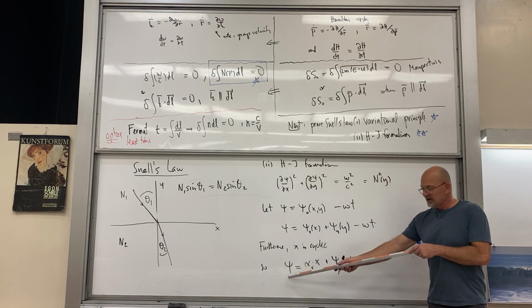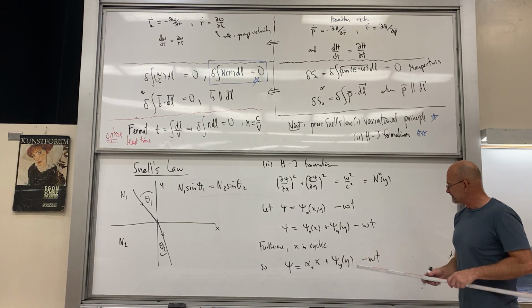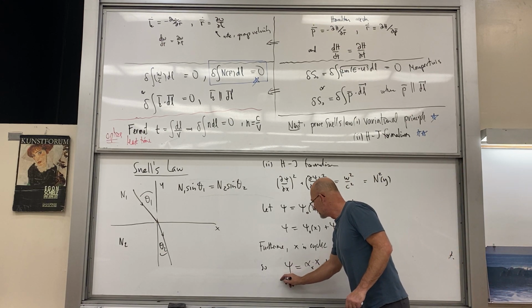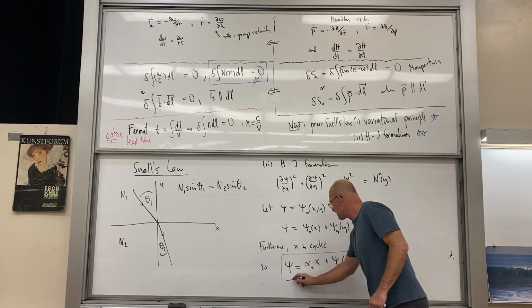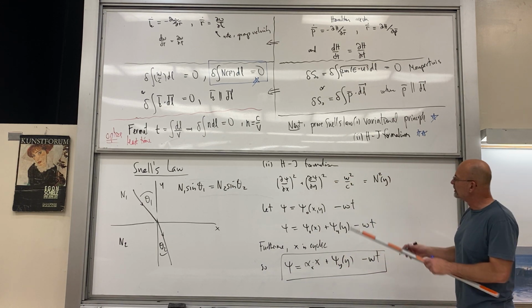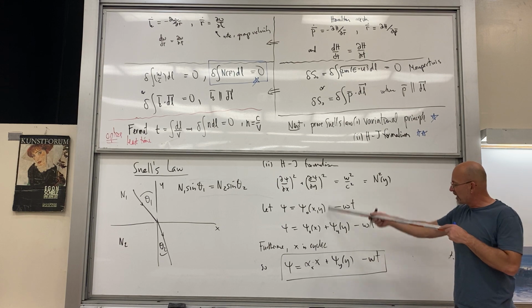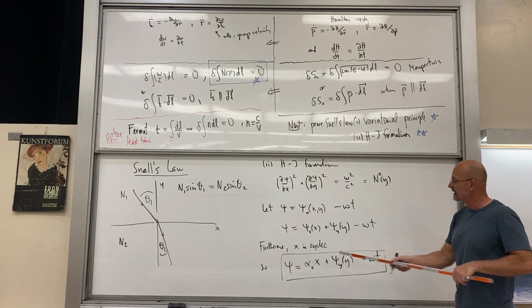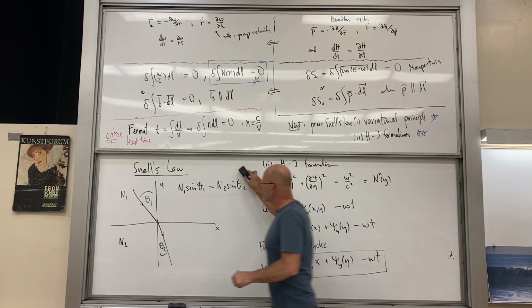So that's going to be what we called the action before. And we go into the Hamilton-Jacobi equation with this ansatz. I'm going to erase this, we've seen it.